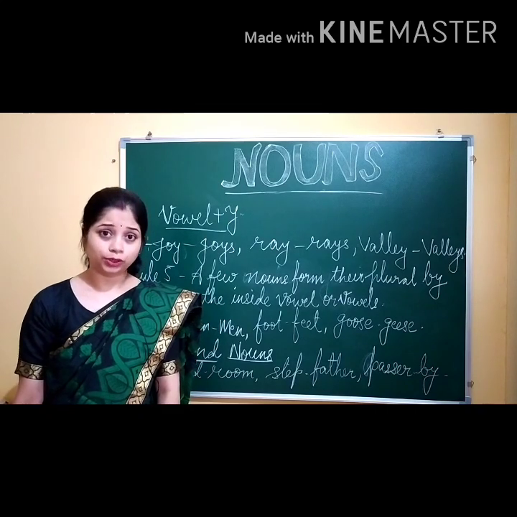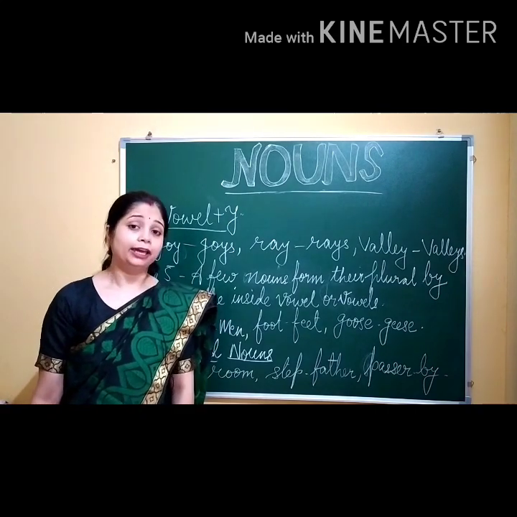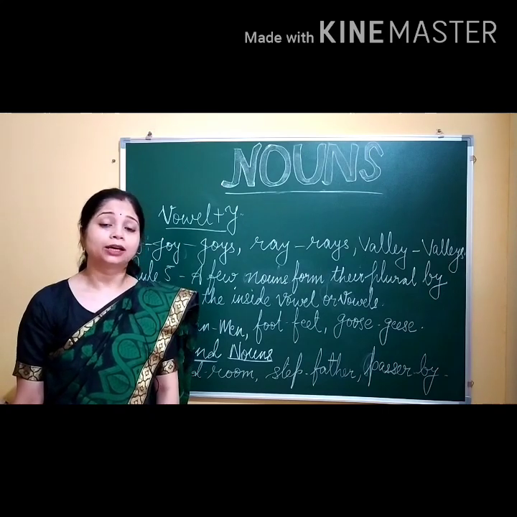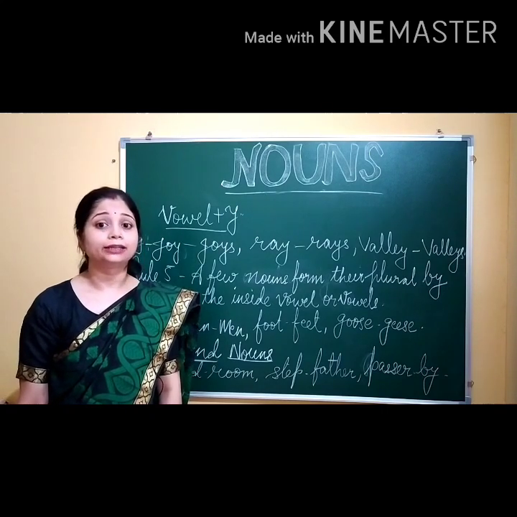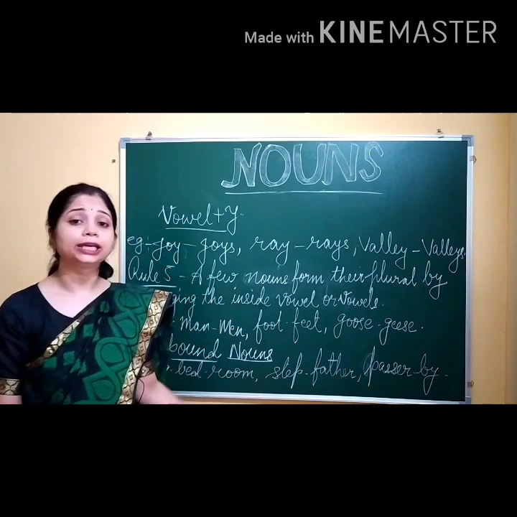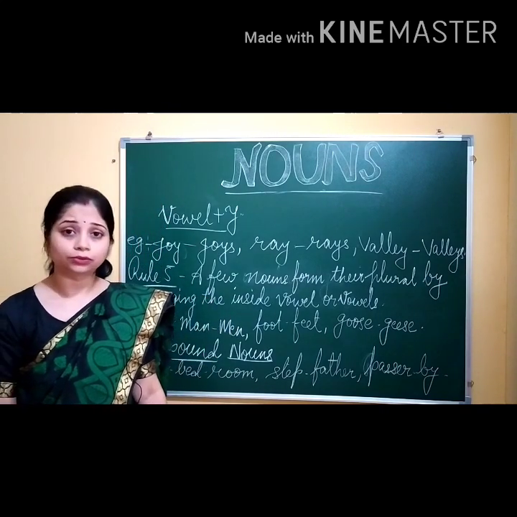According to rule 4, as we have discussed, if Y is preceded by a consonant sound, then we have to remove Y and add IES to change its form to plural.